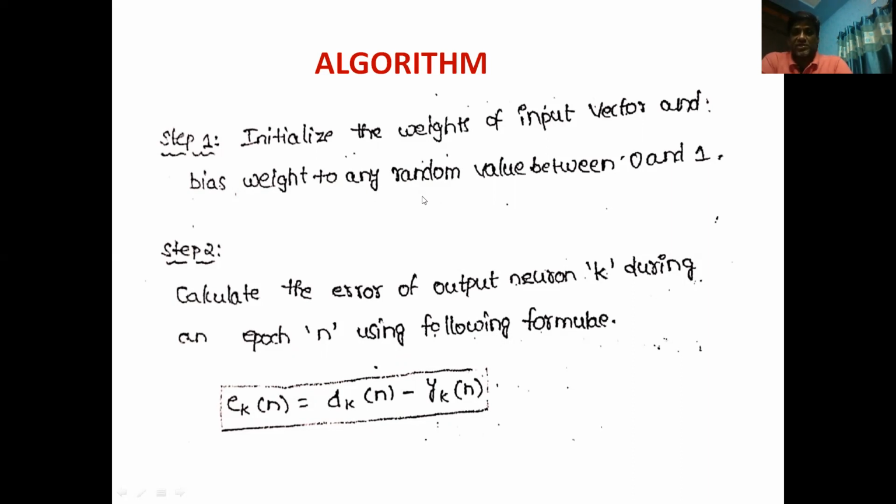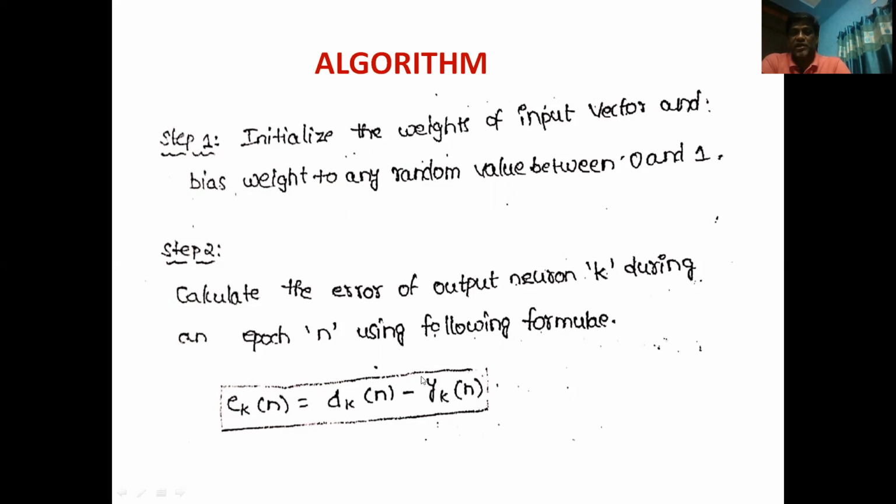After calculating the actual output of a neuron, in step 2, we calculate the error signal of output neuron k during a particular time interval n using the formula Ek of n is equal to dk of n minus yk of n, the desired response minus the actual output calculated.